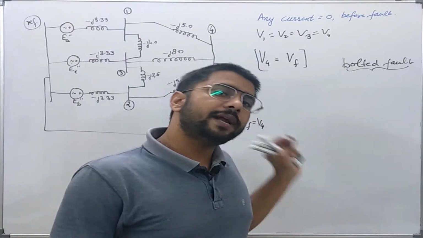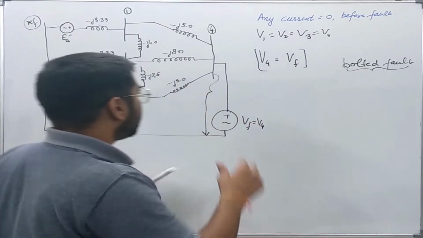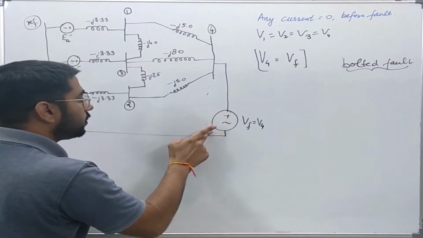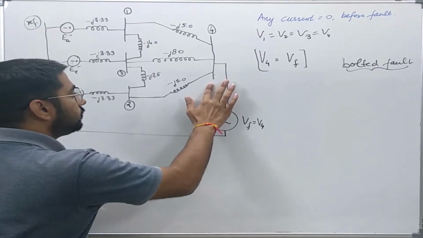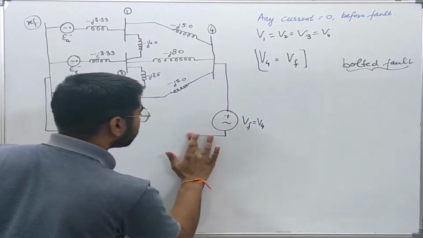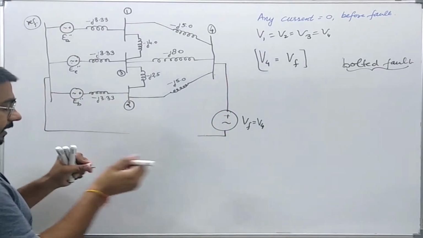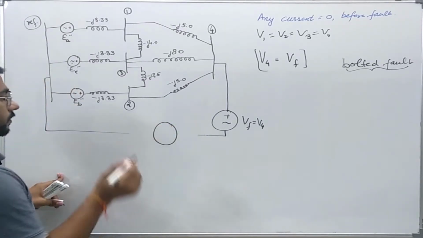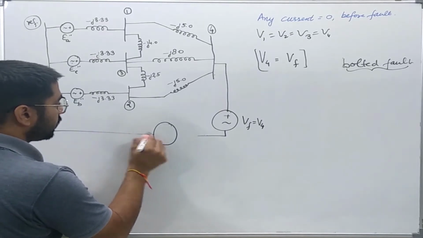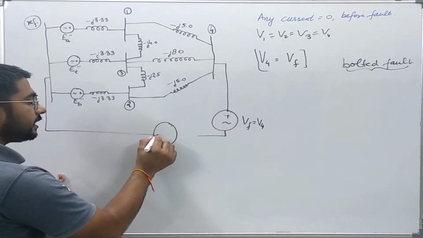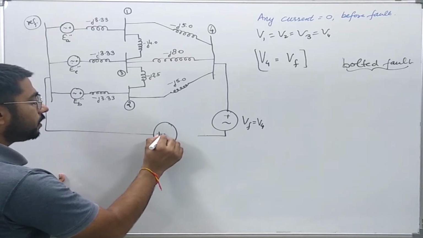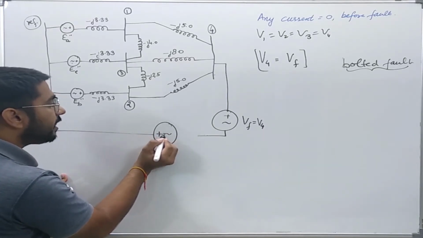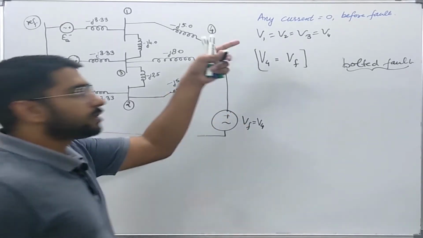Now, how can I simulate this? I can simulate it if I connect a voltage source here like this, which is opposing this voltage source. This sign represents the AC and this sign represents the instant when the voltages are positive at various nodes.